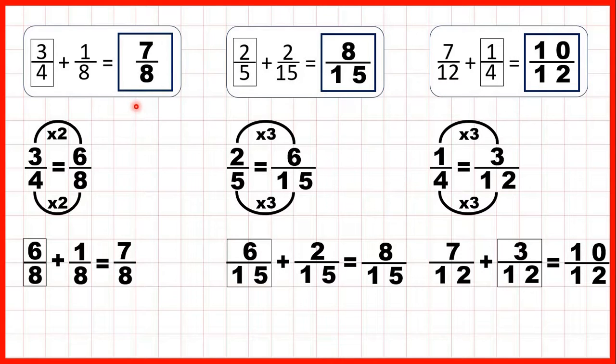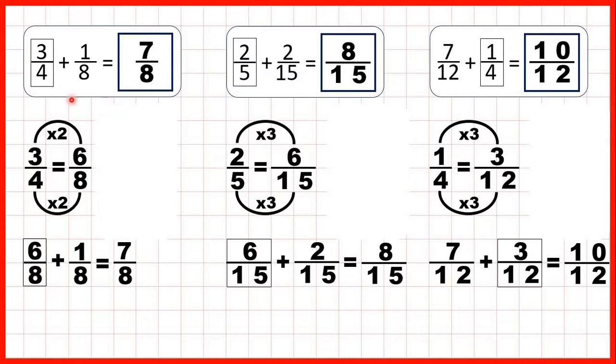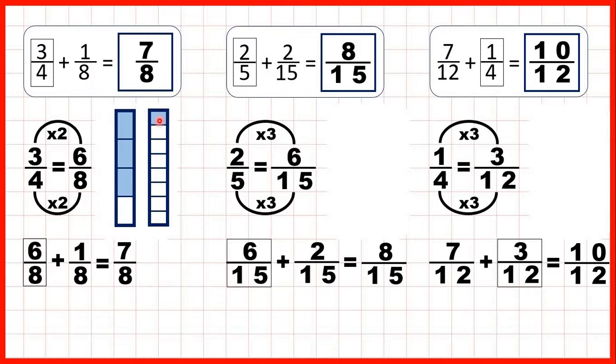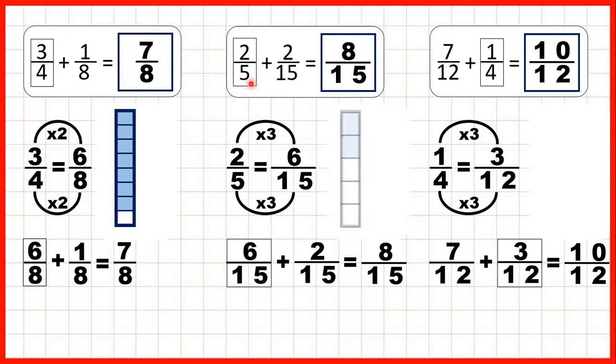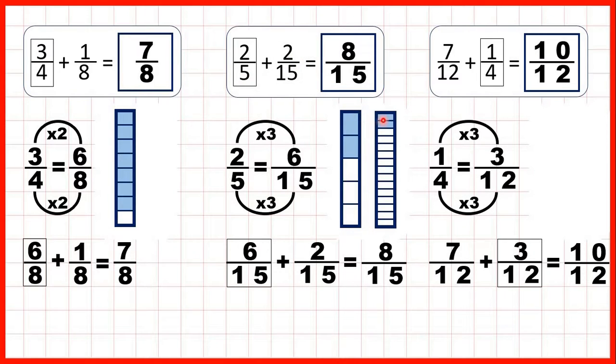We can show what we did with fraction bars. First, we had 3/4 and we were adding 1/8. We changed 3/4 into 6/8, which meant that we could add the 1/8 to get 7/8 as our answer. Here we started with 2/5 and we were adding 2/15.